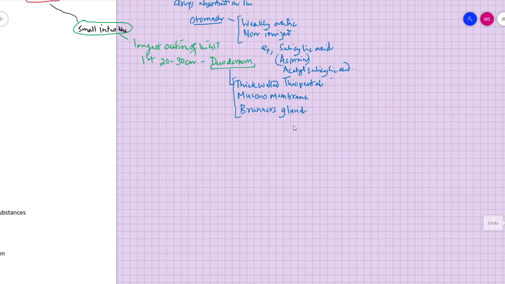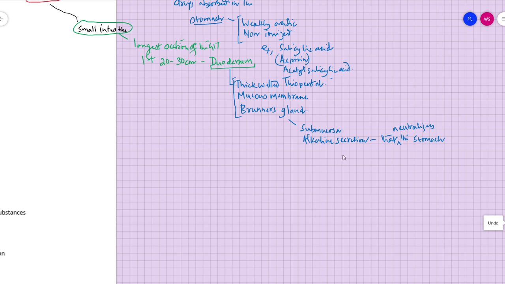It's got Brunner's gland. And what does Brunner's gland do? Right, it's present in the submucosa, and it produces an alkaline secretion that neutralizes the stomach acid.